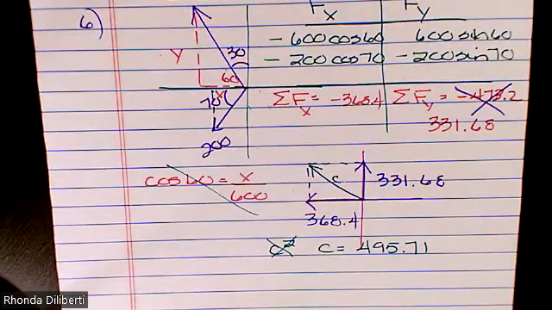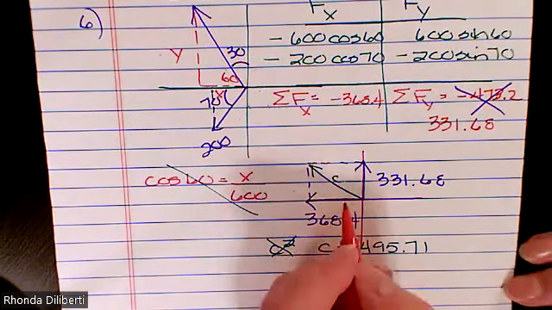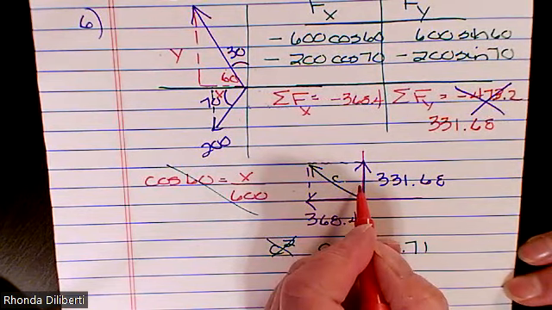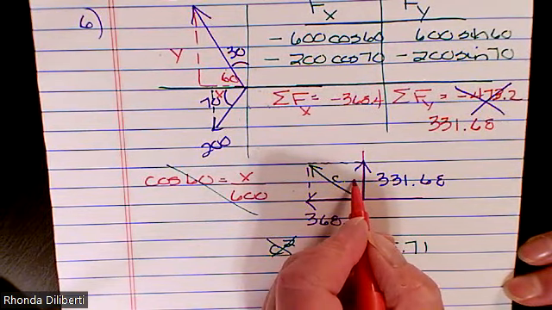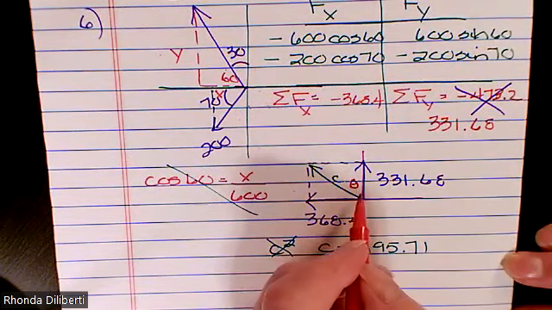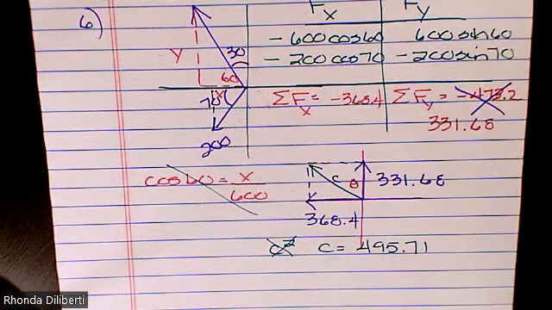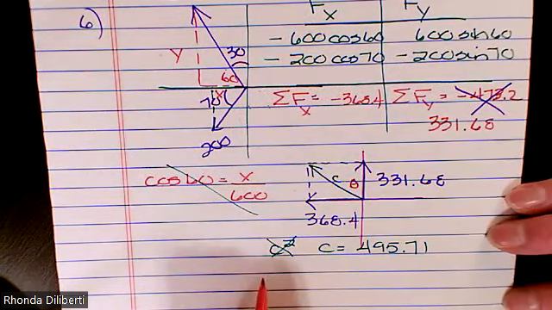All right, but now I got to tell somebody what angle. So I could find this angle or this angle, but since I found this angle last time, I think I'm going to find that angle again. So I'm going to use tangent. Technically, you could use sine, cosine, or tangent. It doesn't really matter. I just seem to like tangent.